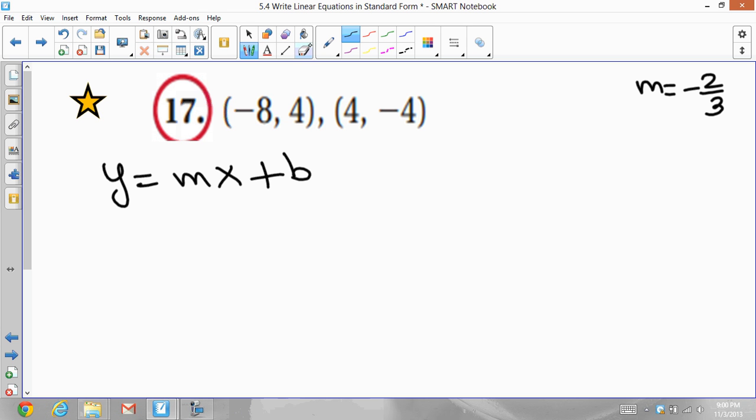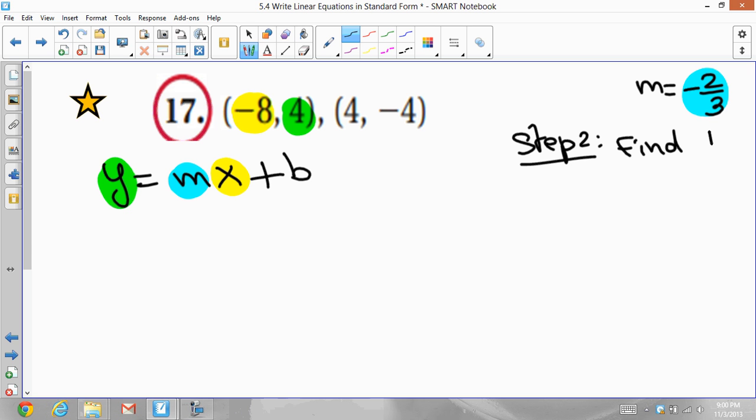I'm going to substitute my x and my y. I am going to take any one of these values. In this case, I'm going to assume negative 8 as my x and 4 as my y, and replace my slope over here to find what my y-intercept b is. So that is your step number 2.